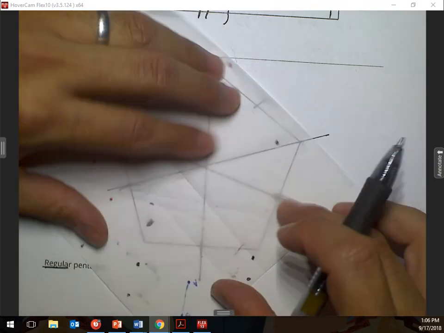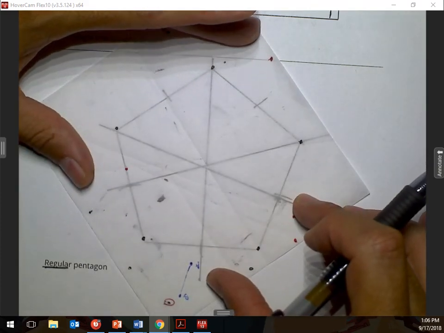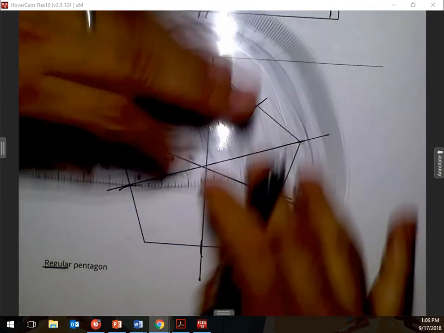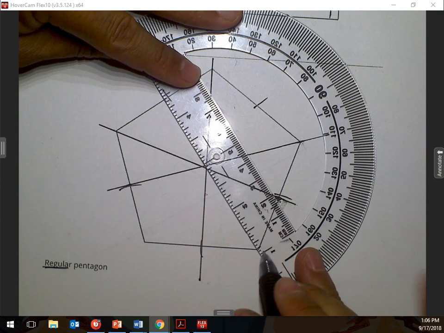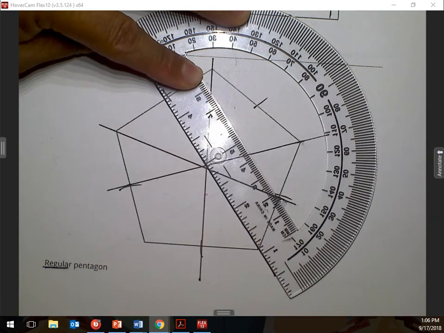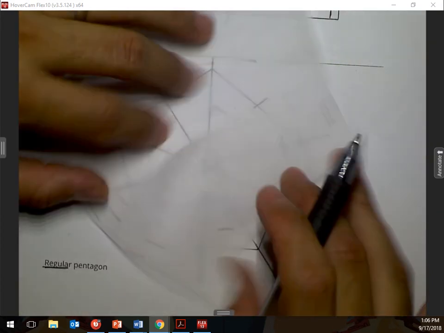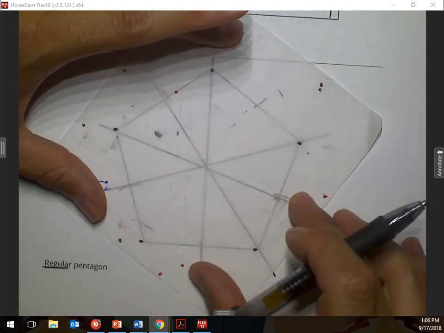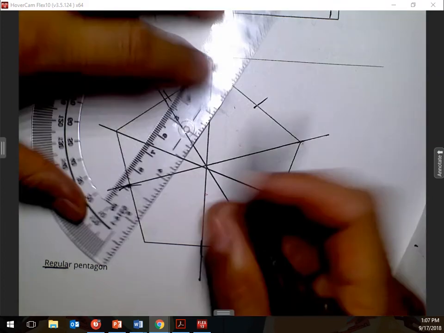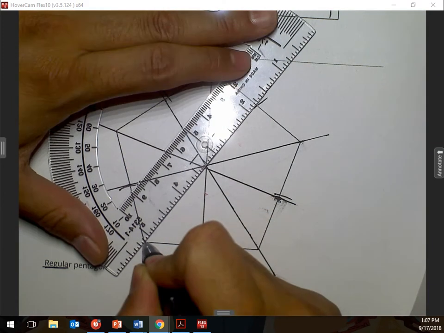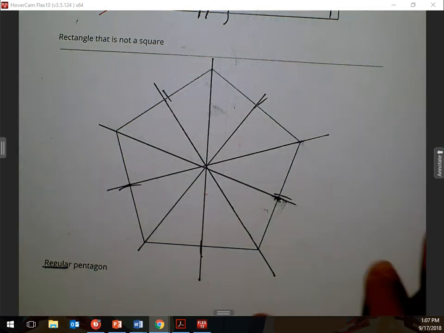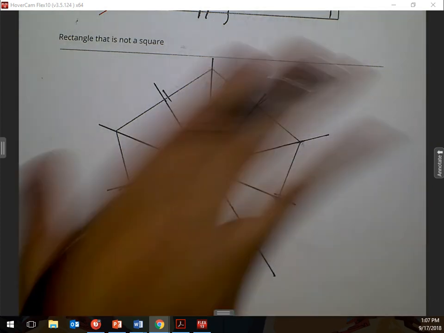And this one right here. And my last one right here. Alright, so I have all those lines right there. Those are going to be my lines of symmetry.